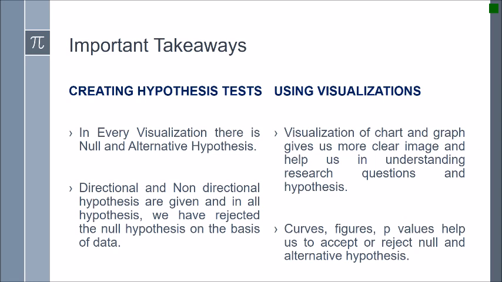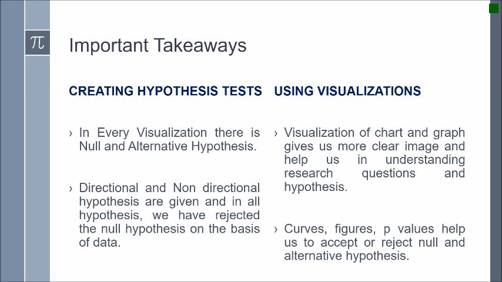And secondly, we have found the directional and non-directional hypothesis which is being given to us. So after seeing, we have to just reject the null hypothesis on the basis of the data. So in all the four visualizations, we have rejected the null hypothesis.